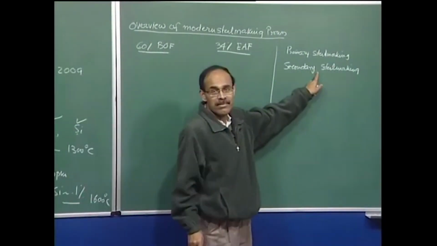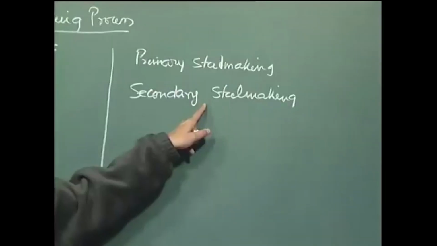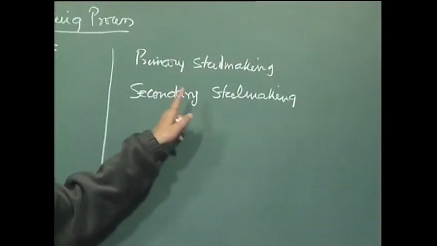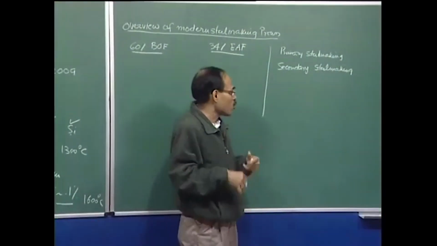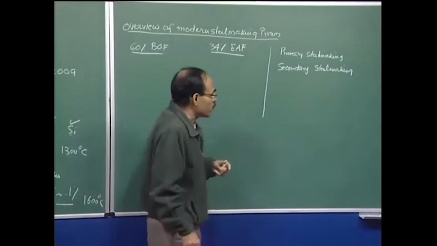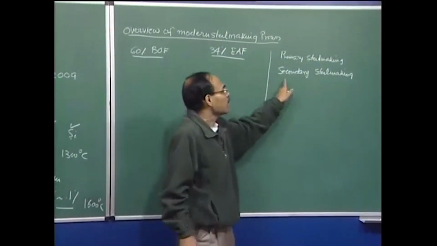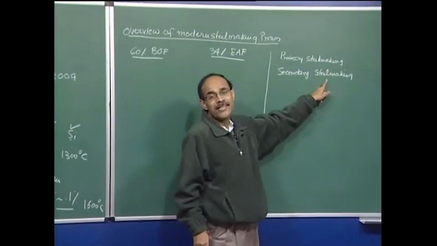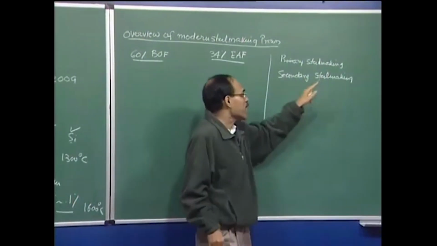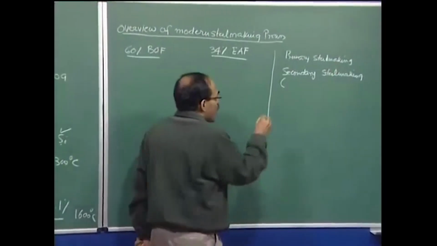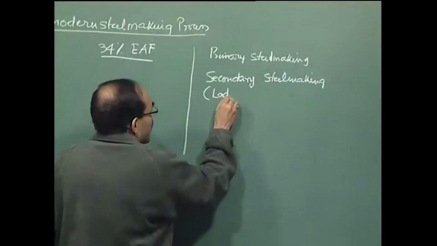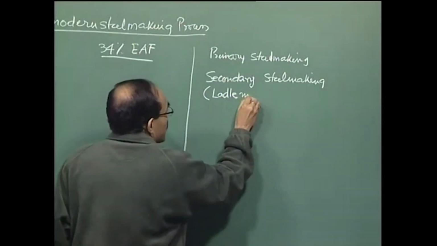It is here that the finest quality of steel is produced. It is here that we ensure what kind of certified steel product we are going to deliver to the customer. So, this is per se the most important part of a modern day steel mill. I do not wish to say secondary steel making, although this terminology is very common in industry. I will call it ladle metallurgy steel making. That will be my terminology.